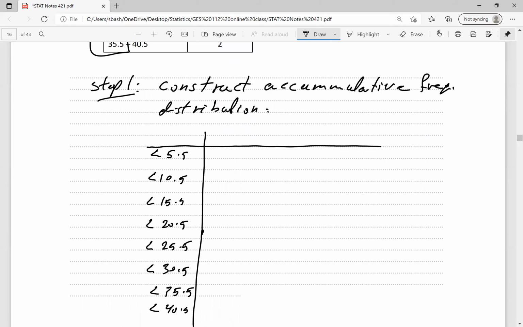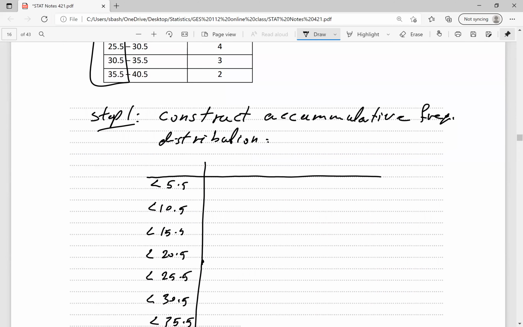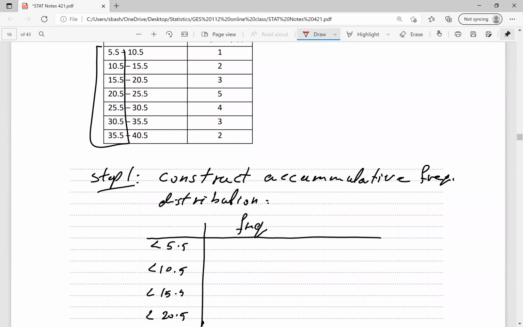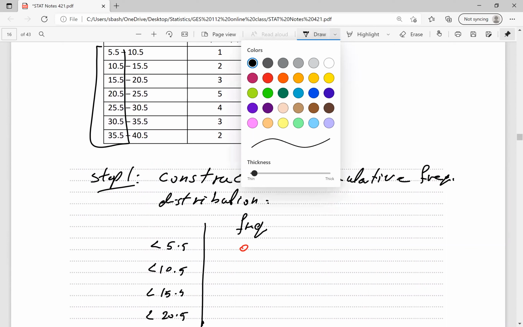Less than 5.5, that will be the frequency there. We did this before. Less than 5.5 is 0.